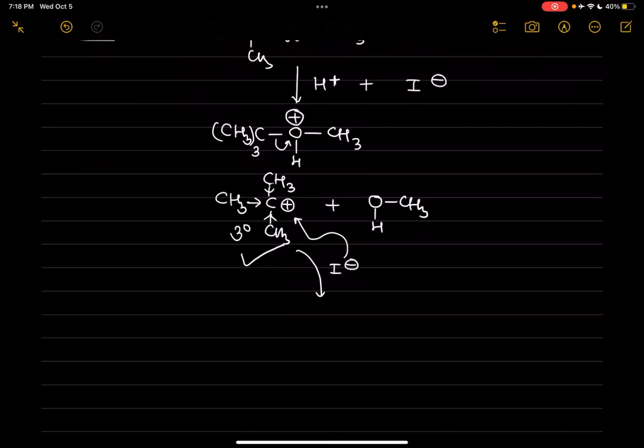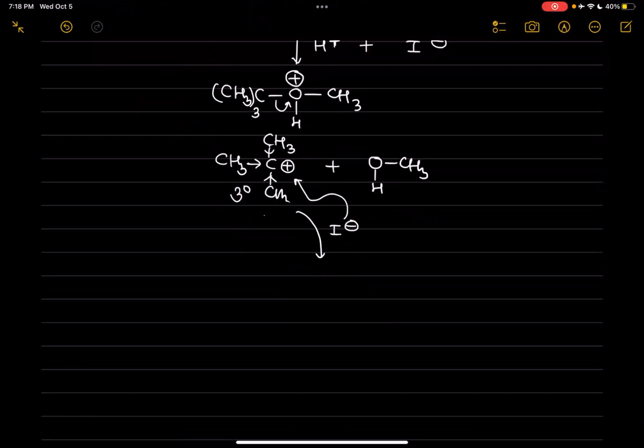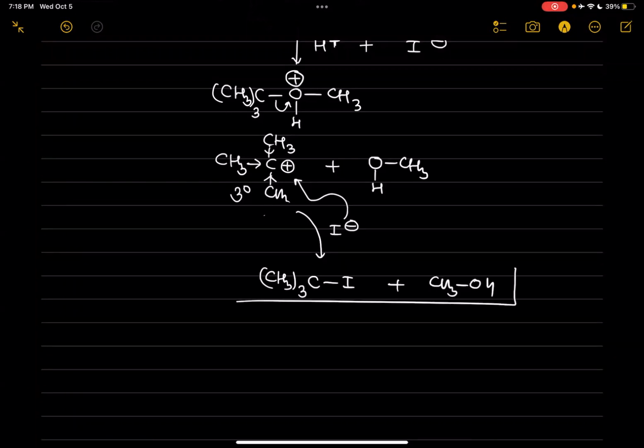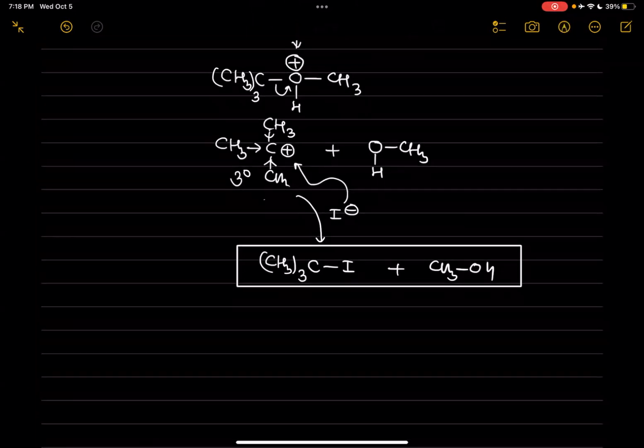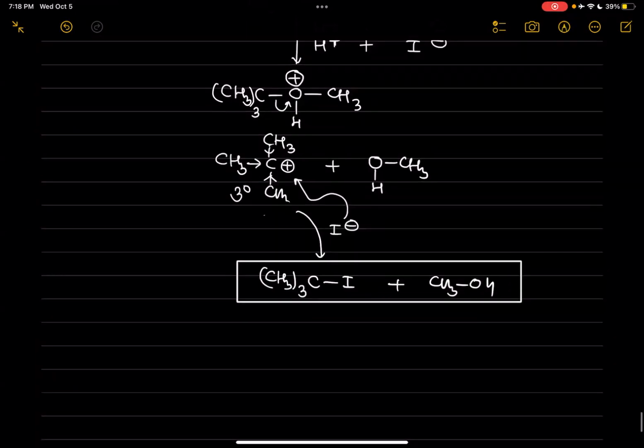So I minus will have no option other than attaching itself to the tertiary alkyl group. Clear? Yes, sir.